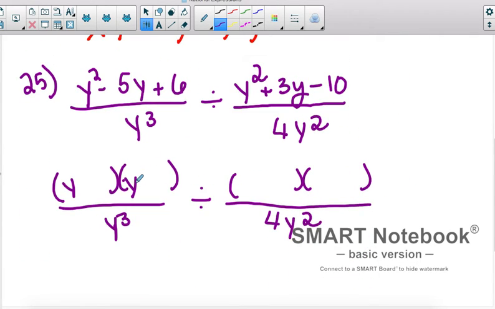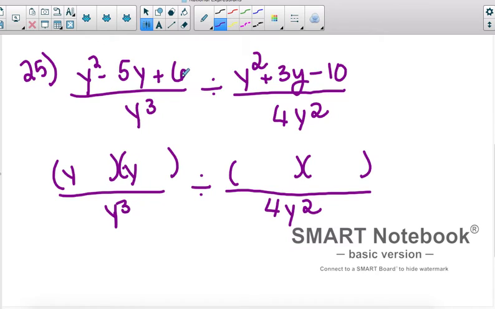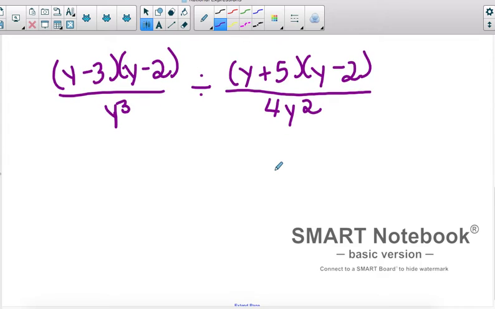Two numbers that multiply to 6 and add to negative 5: negative 3 and negative 2. Here, two numbers that multiply to negative 10 and add to 3: positive 5 and negative 2, right? Yes, okay.